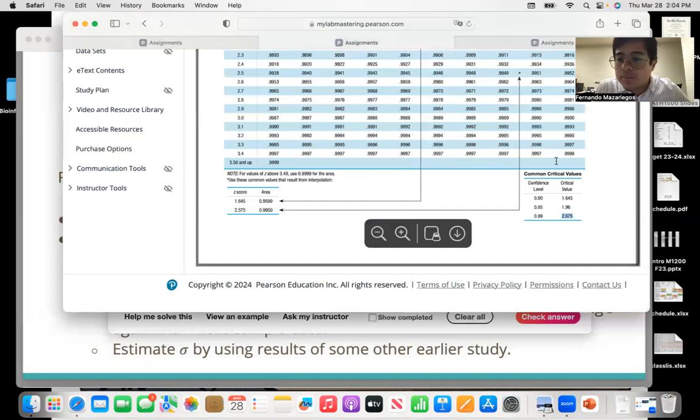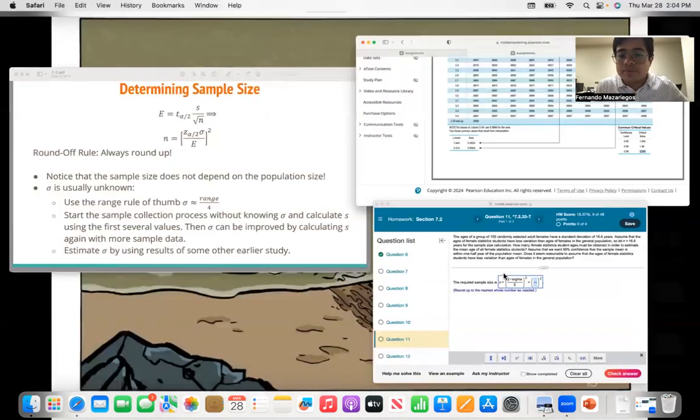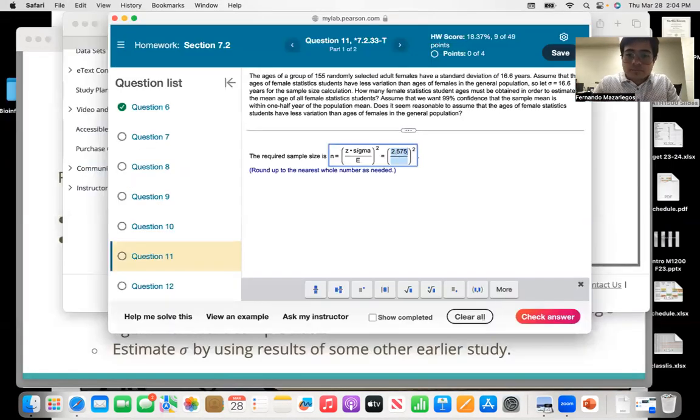We can use this bottom right legend here. For 99%, we want 2.575. Multiply that by the standard deviation, 16.6, and divide by the margin of error, which is 1/2 year of the population. 1/2 year, it's half.